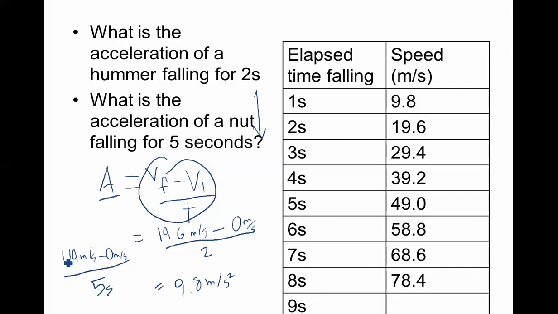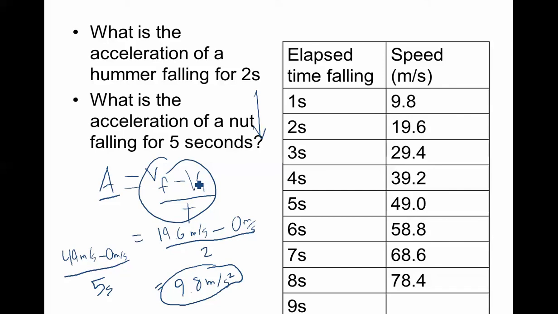Put that into your handy dandy little calculator, 49 minus 0 divided by 5, you get an acceleration of 9.8 meters per second squared. That means that anything falling, regardless of its mass, now we are neglecting the air resistance, but regardless of its mass, it will accelerate at 9.8 meters per second squared.